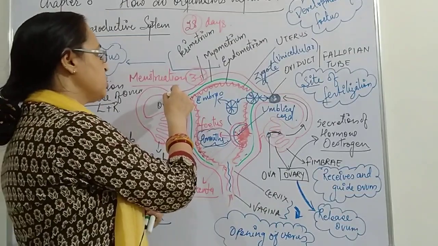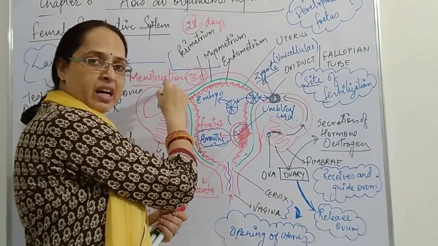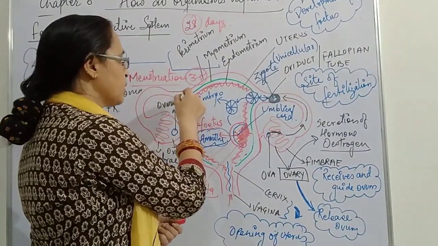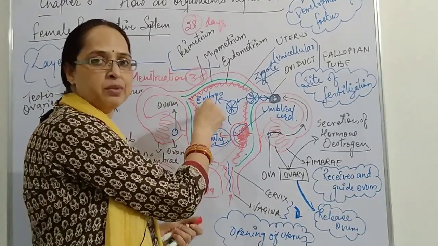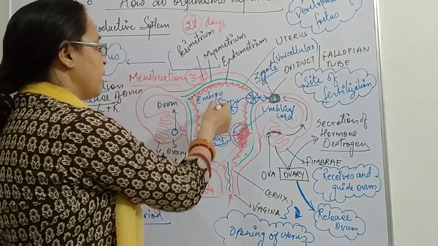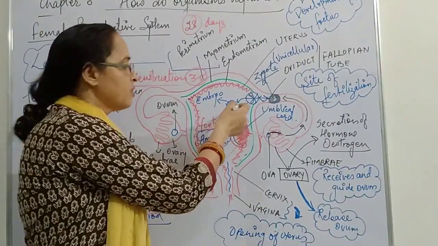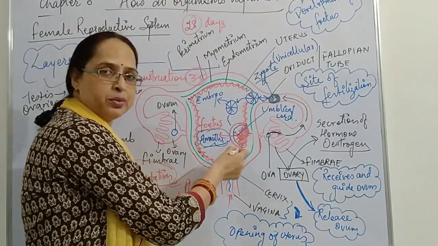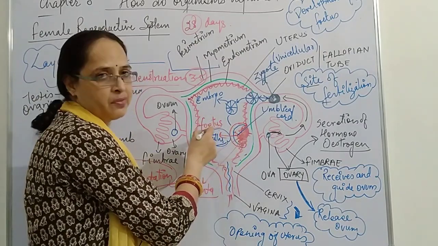When the ovum reaches the oviduct, fertilization occurs and the zygote is formed. The zygote becomes multicellular, then we call it an embryo. The embryo enters the uterus, then attaches to the uterus wall. Now it is called a fetus.